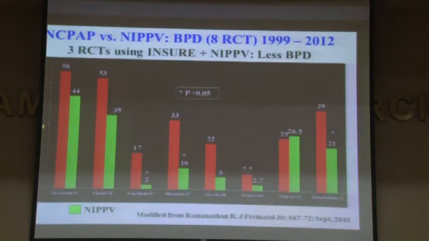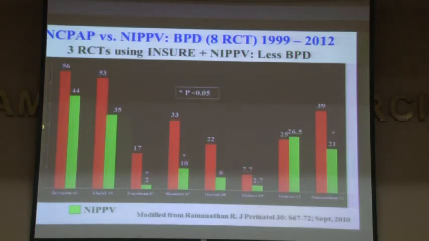What about longer-term outcomes? Again, bronchopulmonary dysplasia is reported as a secondary outcome in all these studies. Again, you can see there is a trend towards less BPD in the NIPPV group. Here is a Kugelman study from Israel, Bandari study from Philadelphia, and a Rome study from the multi-center in the US.